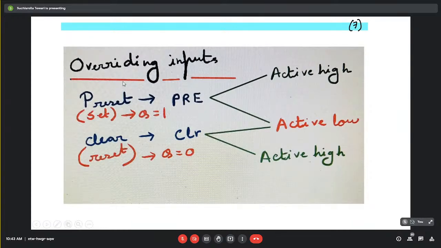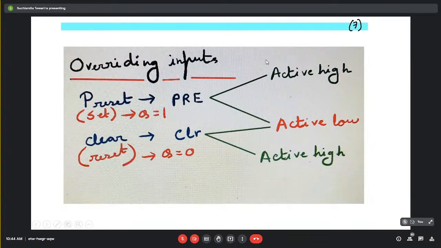Now, what is the significance of these two? Sometimes it might happen that due to some kind of circuit malfunctioning, suppose the entire flip-flop, we need to clear the previous data. So what we will do is simply activate this clear pin.